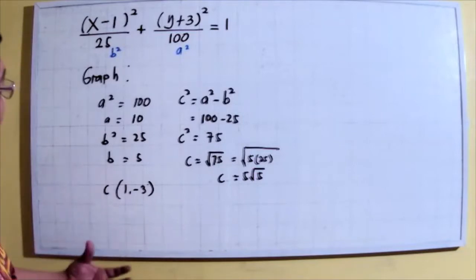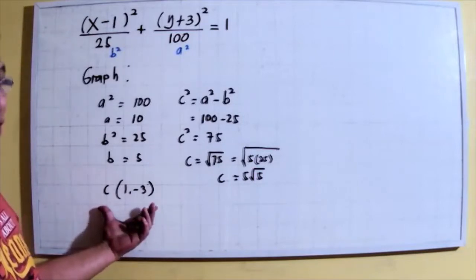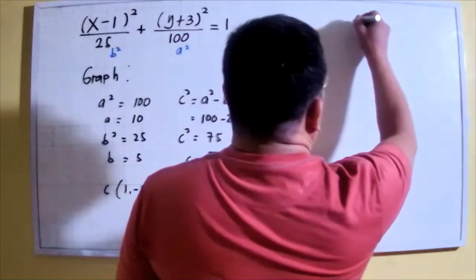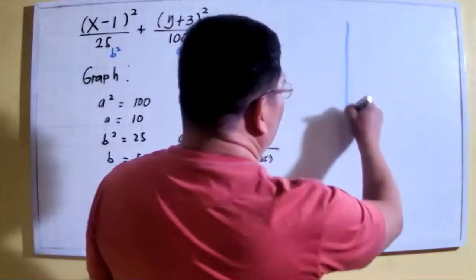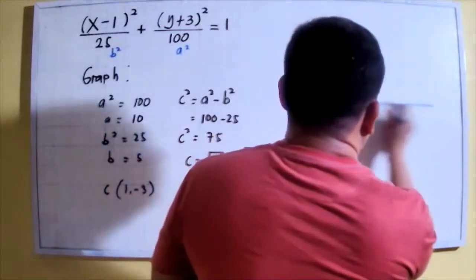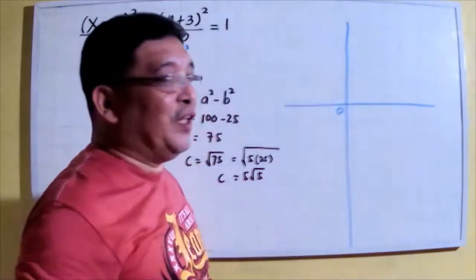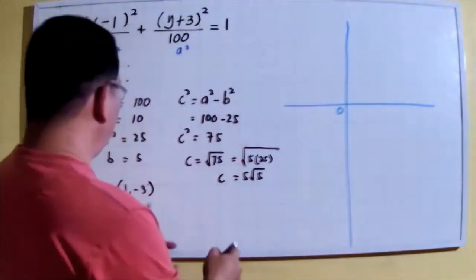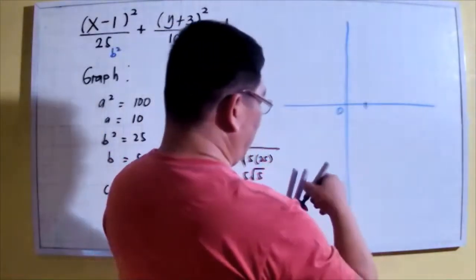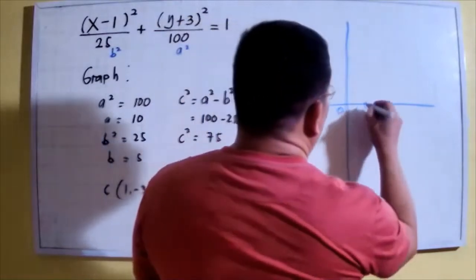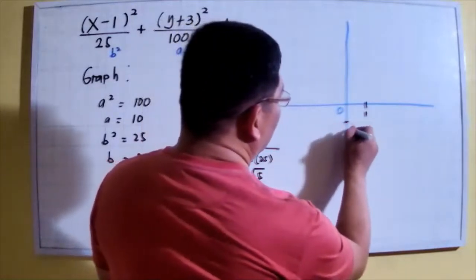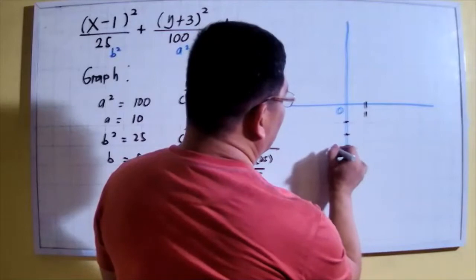Ano yung una nating gagraph dito? Gagraph natin yung center. So, alam natin na vertical yung major axis. We have our center (1, -3). We have here 1 and -3. 1, 2, 3. This is -3.